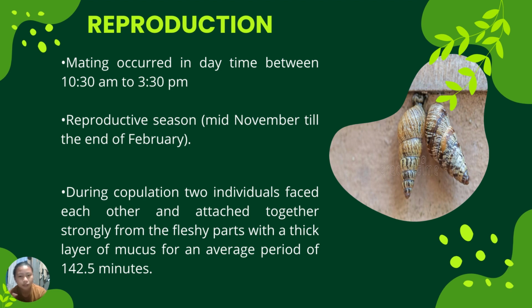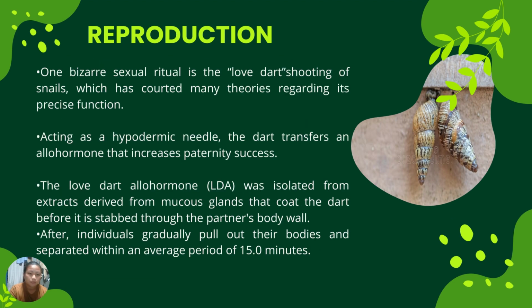In some journals that I've read, they call it snail dancing, which is the courtship, since they will find the right positions before the copulation itself. Copulation is the sexual intercourse.